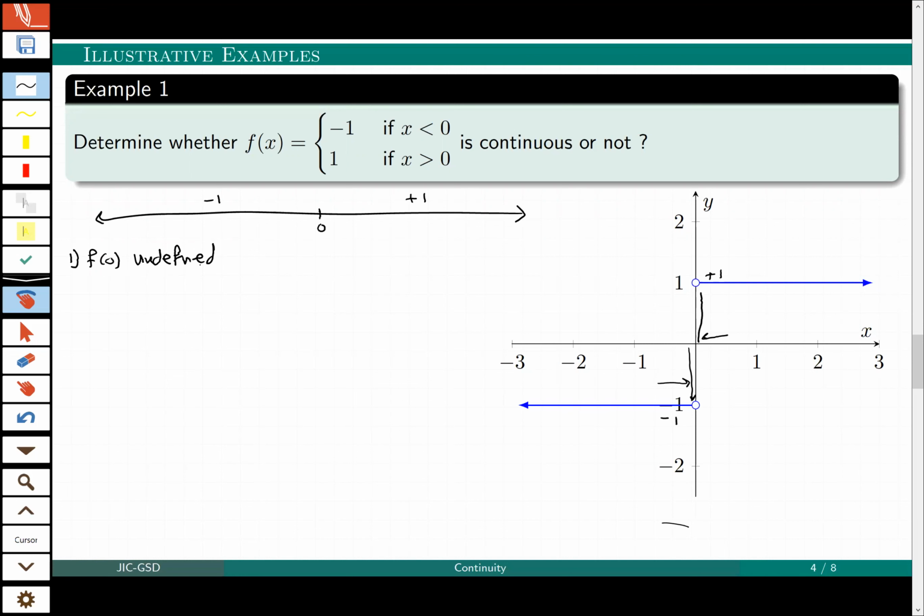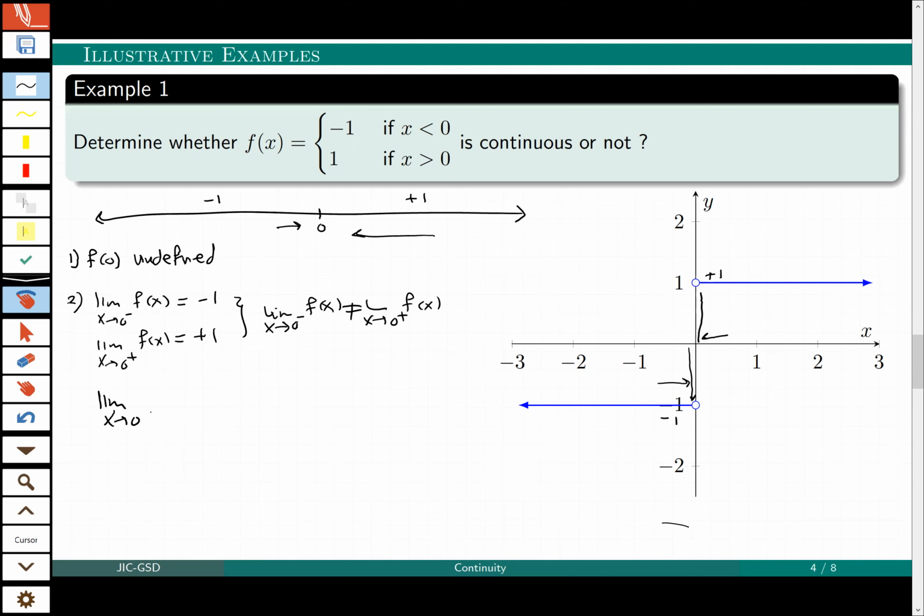Second, the limit when x goes to 0 from the left of the function is -1, while the limit when x goes to 0 from the right is +1. So the limit from the left does not equal the limit from the right, which means the limit when x goes to 0 of the function does not exist.